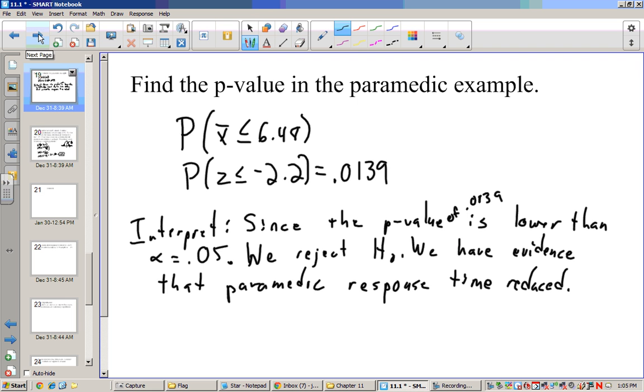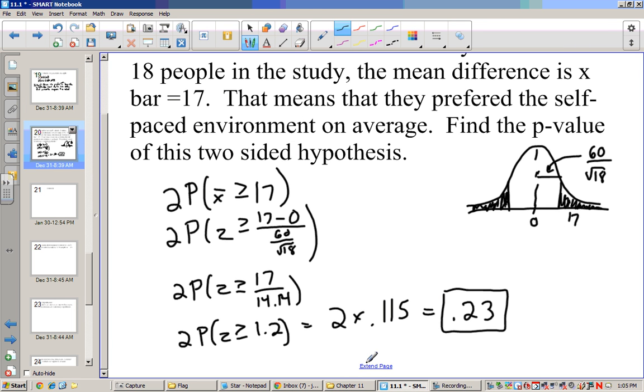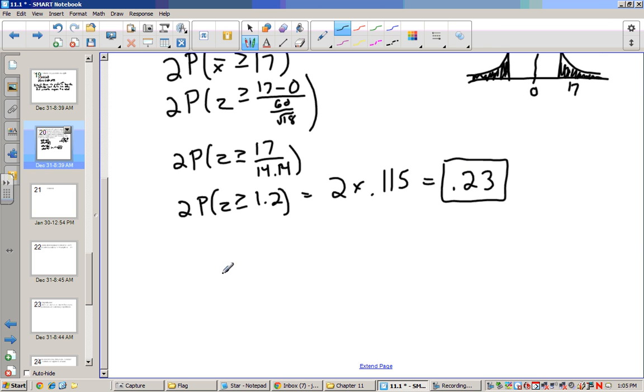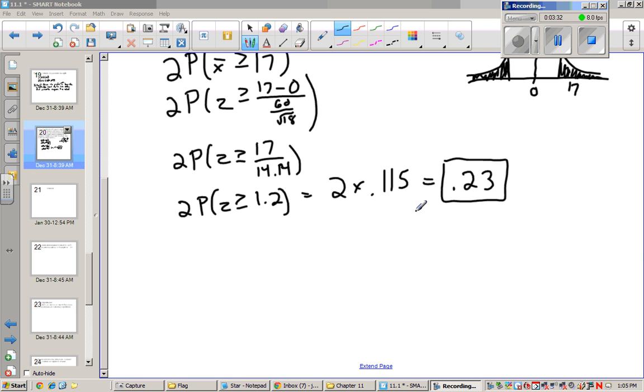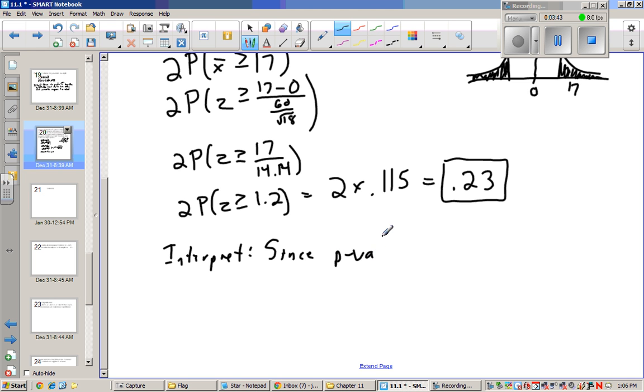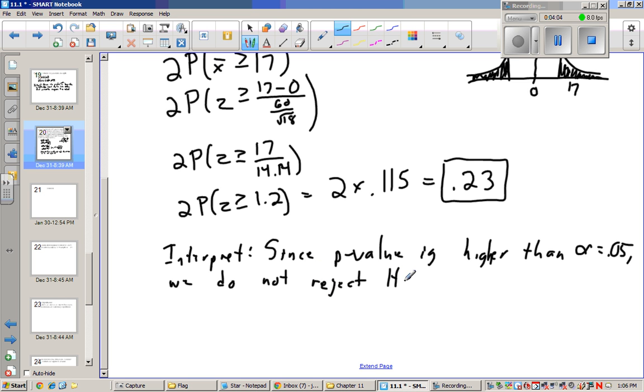Now in this next one, we got a p-value of 0.23. That's way higher than alpha. So if we want to interpret here, we say since the p-value is higher than alpha, let's say 0.05, we do not reject the null hypothesis.